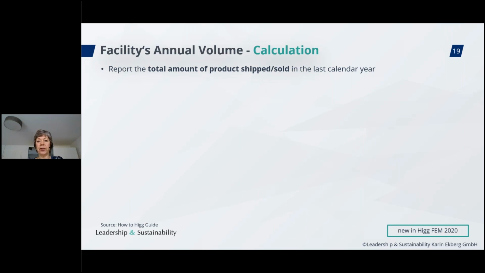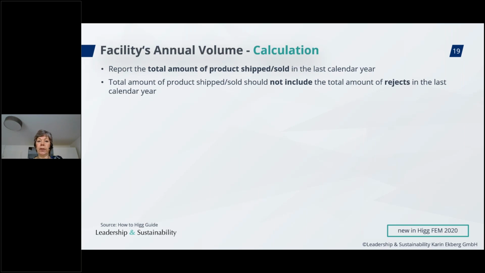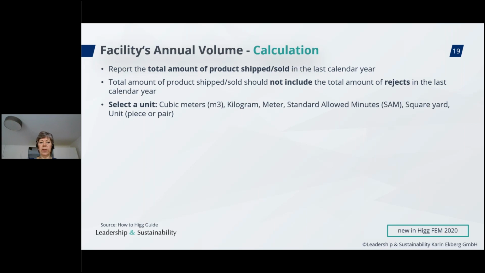So the total amount of product shipped or sold should be reported. And then that number should not include the total amount of rejects in the last year. So if you have products that you have not been able to ship or sell, you are not allowed to include those products, those rejects that you have. And then you should select a unit, cubic meters, kilogram, whatever.